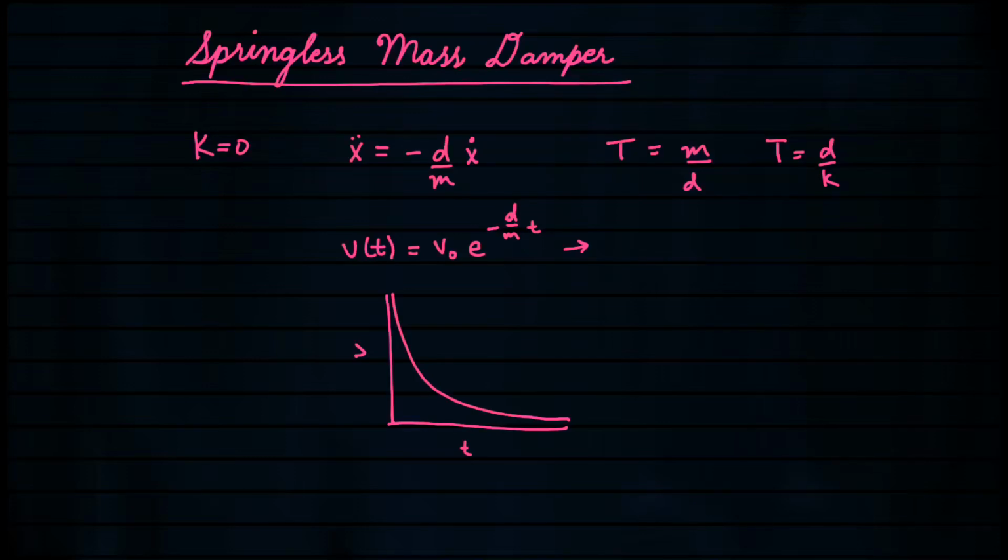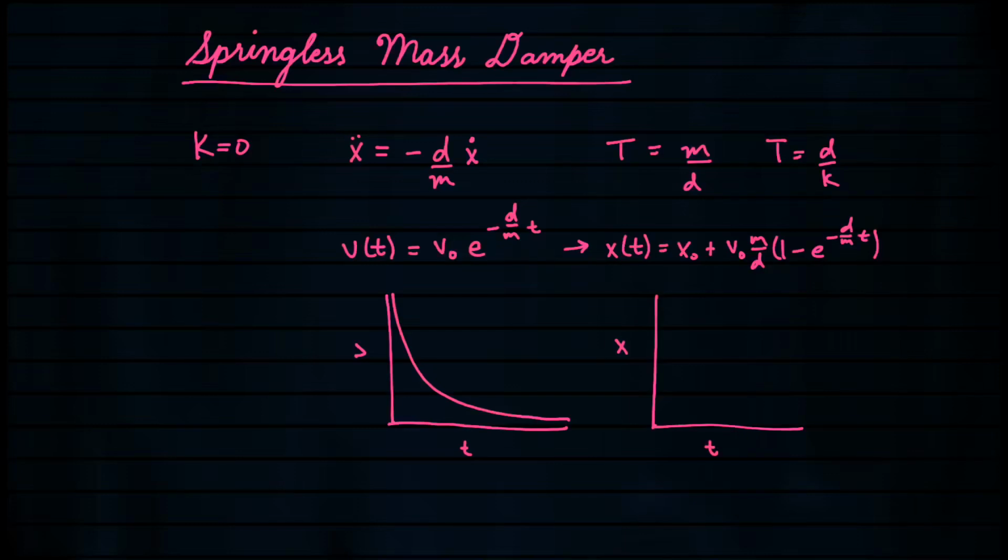So we will have x of t equals our initial position plus our initial velocity times m over d times 1 minus e to the minus d over m t. So just using some old-fashioned integration, we can then find out what happens to this combination.